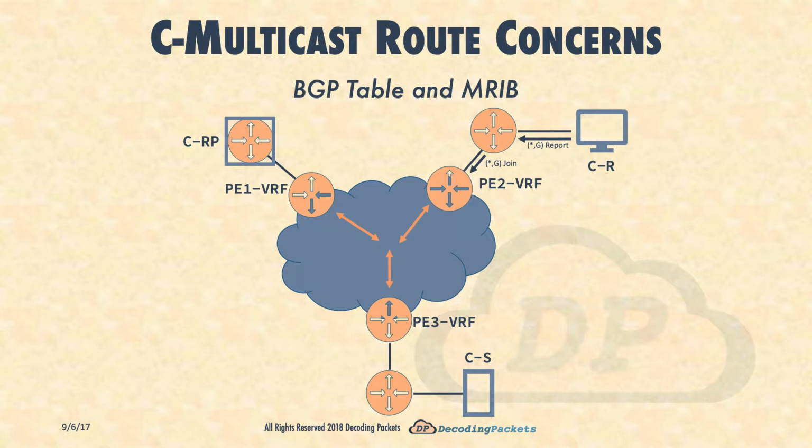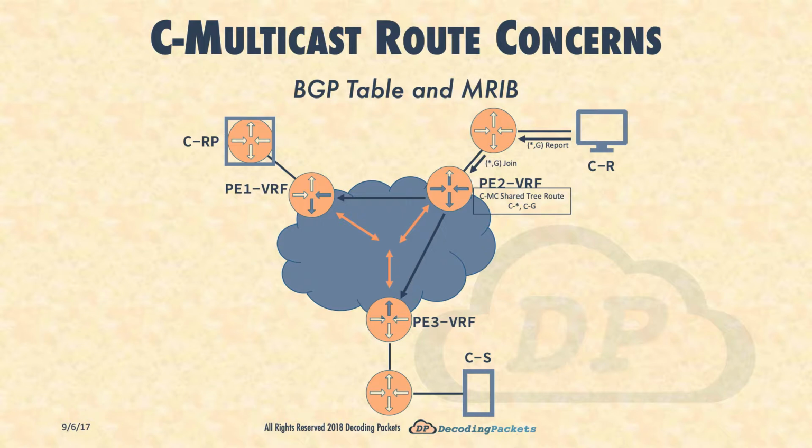But since this is the end of the line for PIM, PE2 must now use BGP to move the join further on its way. It does so by originating a BGP C-Multicast shared tree route. In a fairly typical BGP scenario, this route would then be advertised to all of the neighbors in the MVPN, quite possibly using a scaling technique, maybe a route reflector.